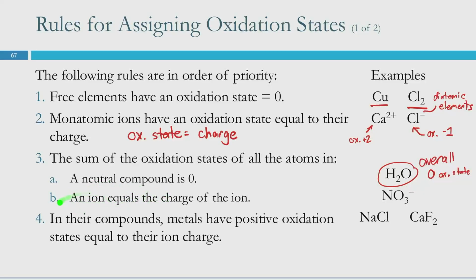And if it's an ion, then it's the same as the charge of the ion. So NO3- has an overall -1 oxidation number or oxidation state. So whatever the nitrogen has, whatever the oxygens have, that has to balance out to a net -1.